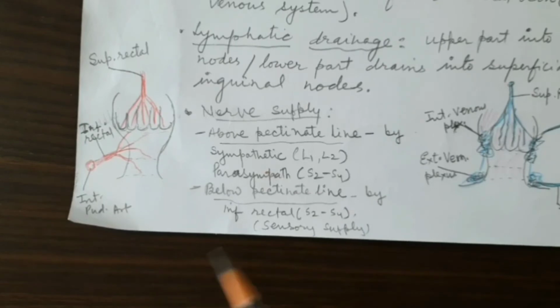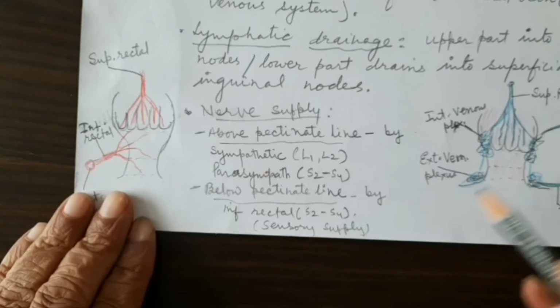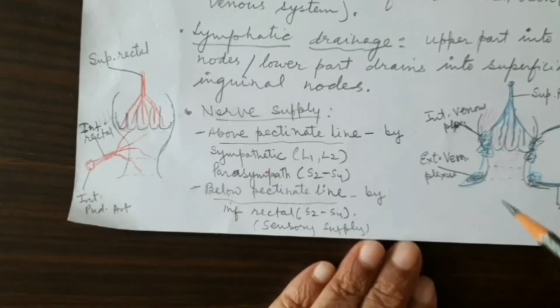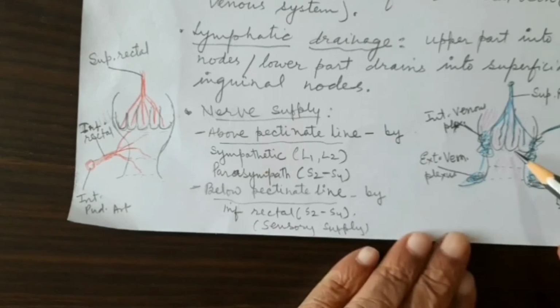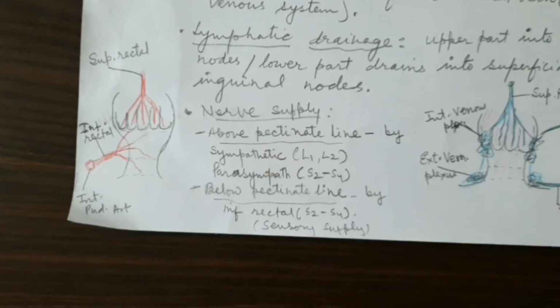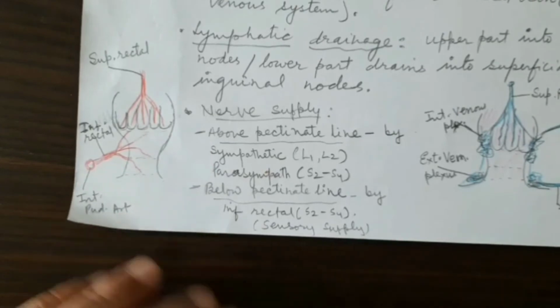Below the pectinate line, the pecten part and the lower part, around 25 millimeters, is supplied by the inferior rectal nerve, which takes origin from S2 to S4 spinal segmental level.